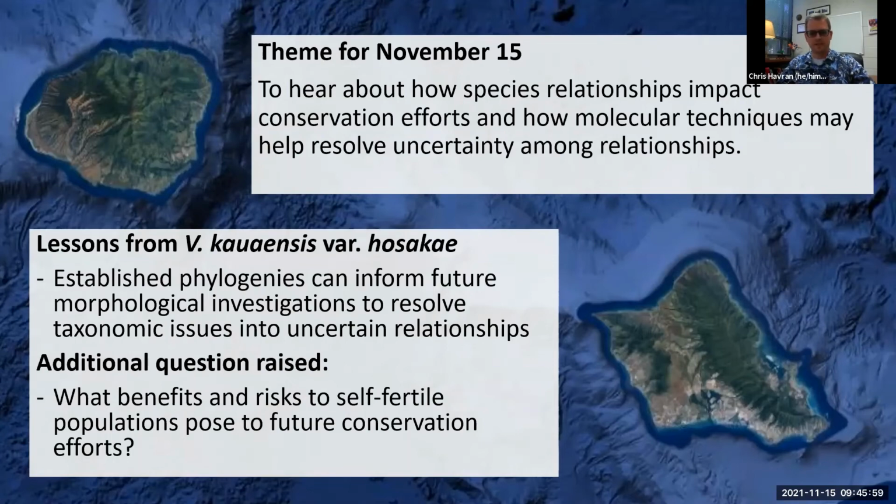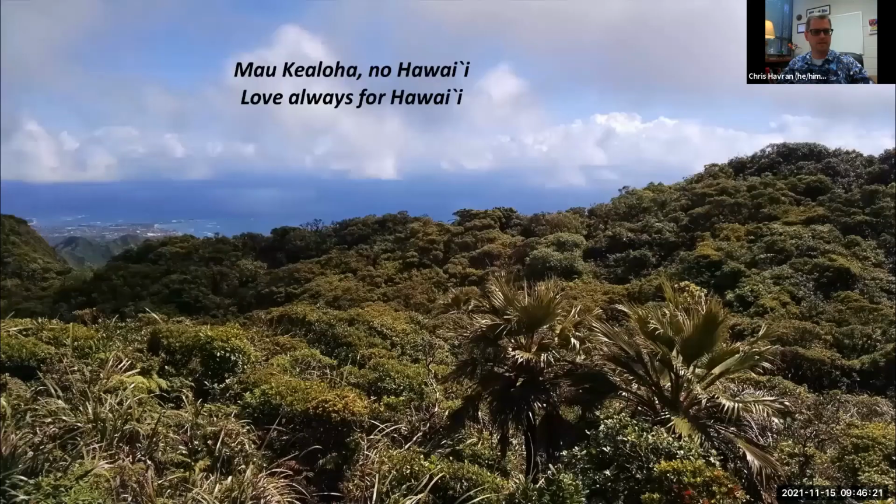The type collection does have some open chasmogamous flowers on it, but I don't believe any have been seen in quite a long time. So I just want to know what type of genetic resources we have out there that can help us conserve these organisms that appear to be completely selfing. That's beyond the scope of this presentation, just something that I was thinking about for the context of later discussions. One more slide to wrap things up.